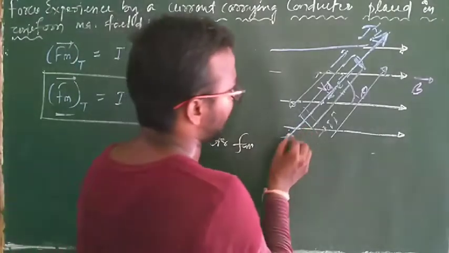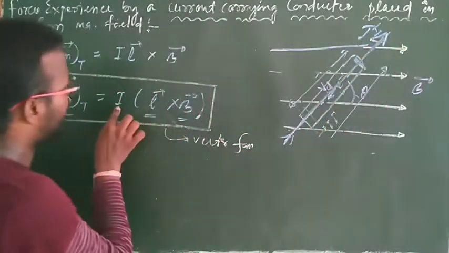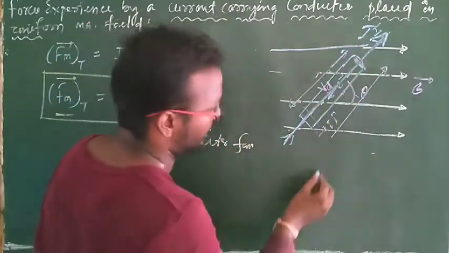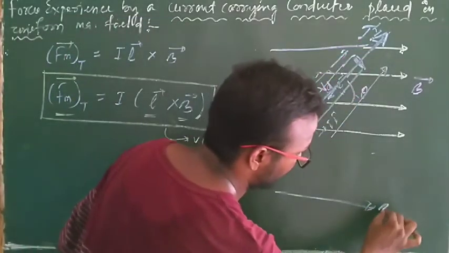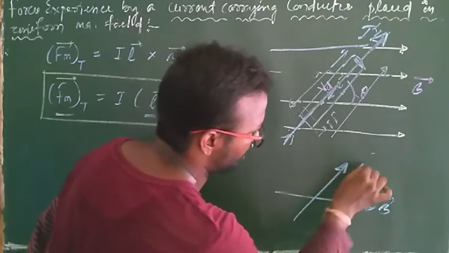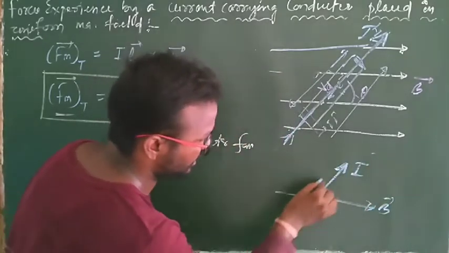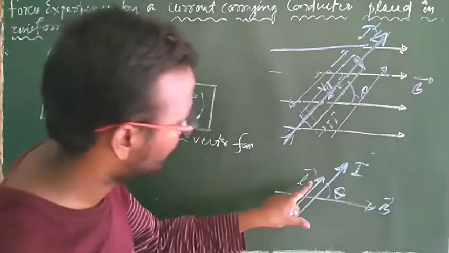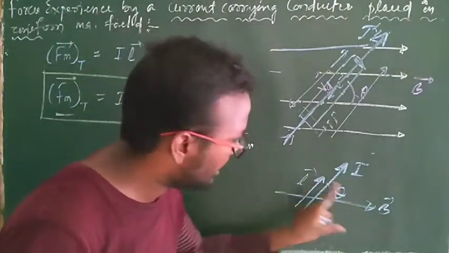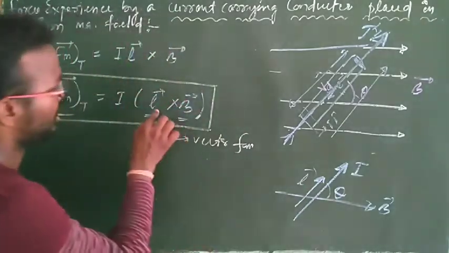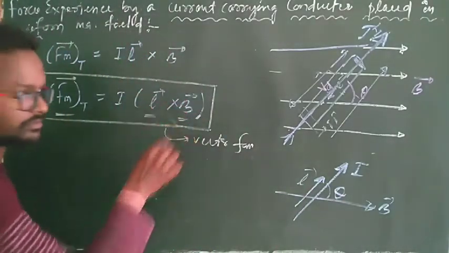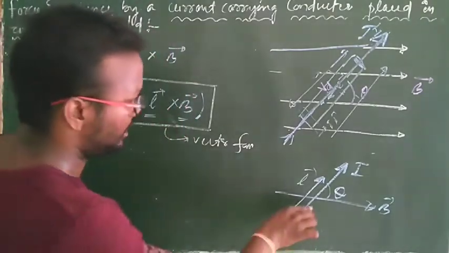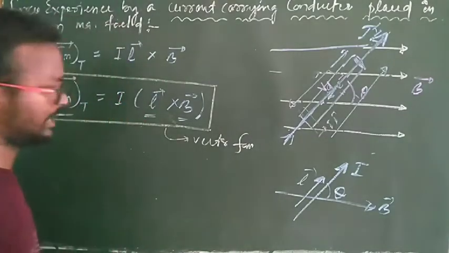If this is the direction of current, multiplied by I into L, this is the length element, so this is the direction of L. This is the direction of magnetic field, and theta is the angle between the length element and magnetic field. If we use the screw rule or right hand thumb rule, then the direction can be found.